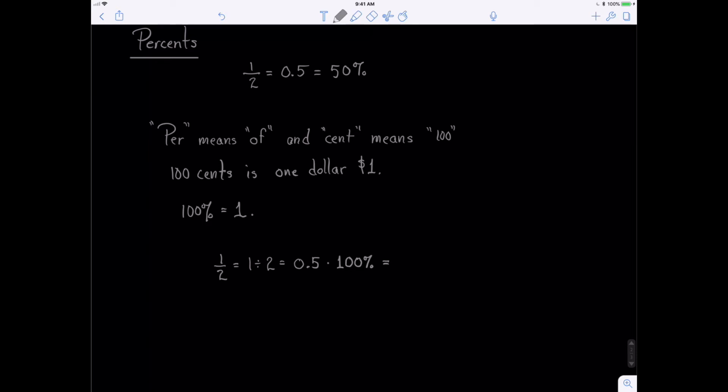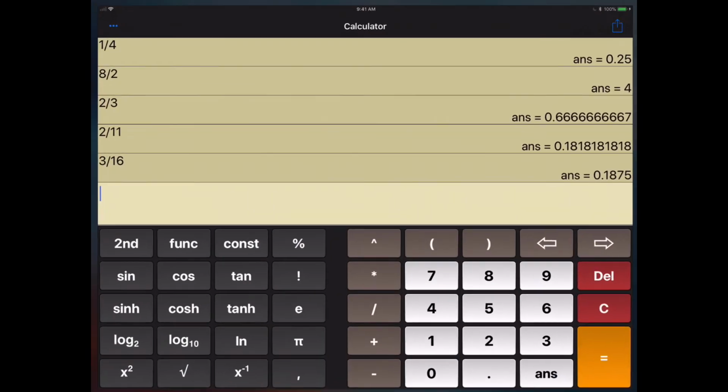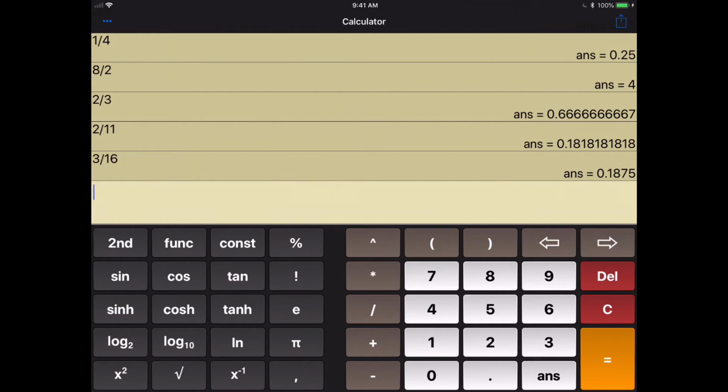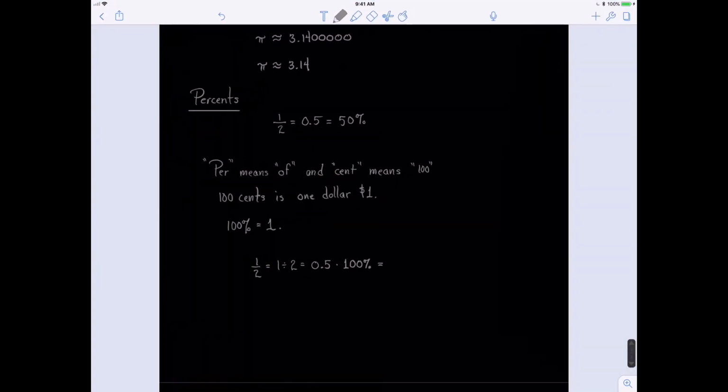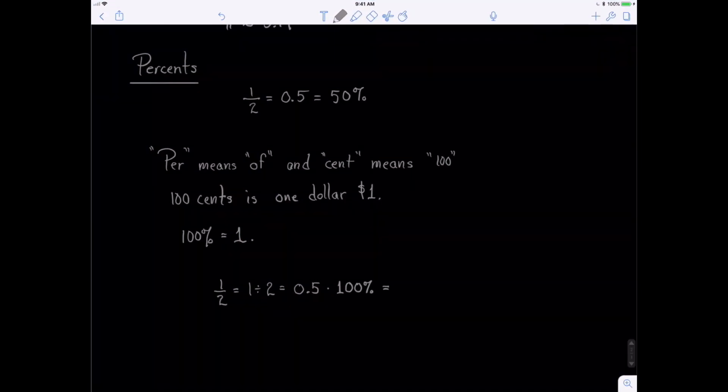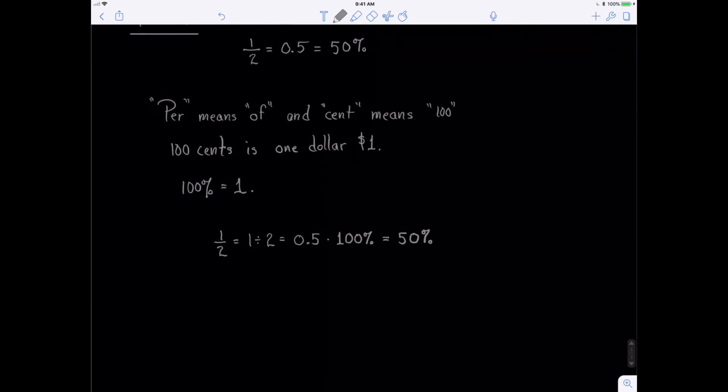Let's try that on our calculator, Good Grapher. If we take 0.5 and multiply it by 100, we come up with 50. We keep the units of the percentage, and so we can write it as 50%.